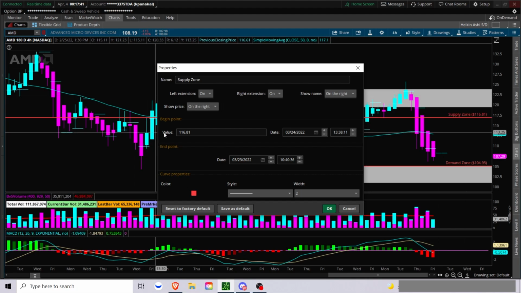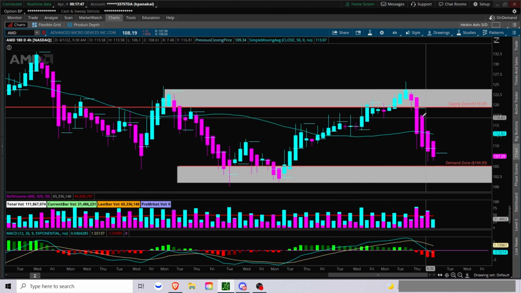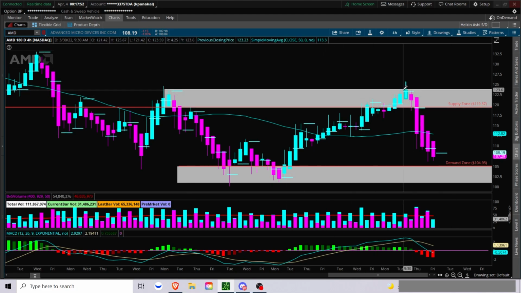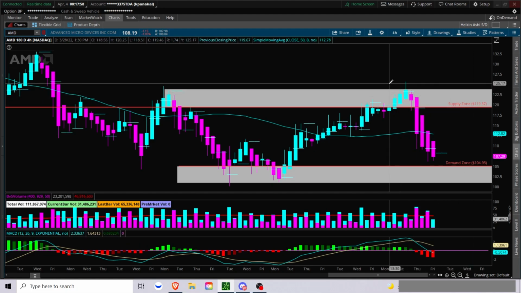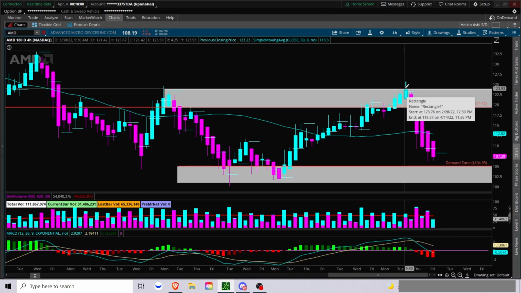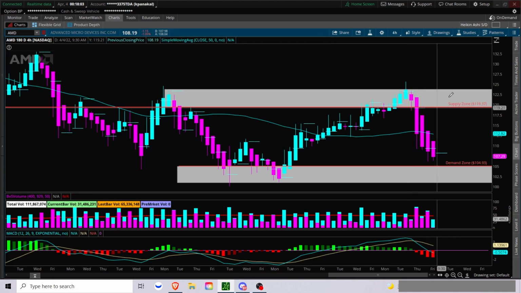No, not 123. It starts at 119.37. Right. So we do have this supply zone that I plotted a while back. The only thing with it is we kind of broke above it, but we didn't hold above the supply zone. So that's why I still have this, because it still can be somewhat respected in the future. So that's why I still have it.